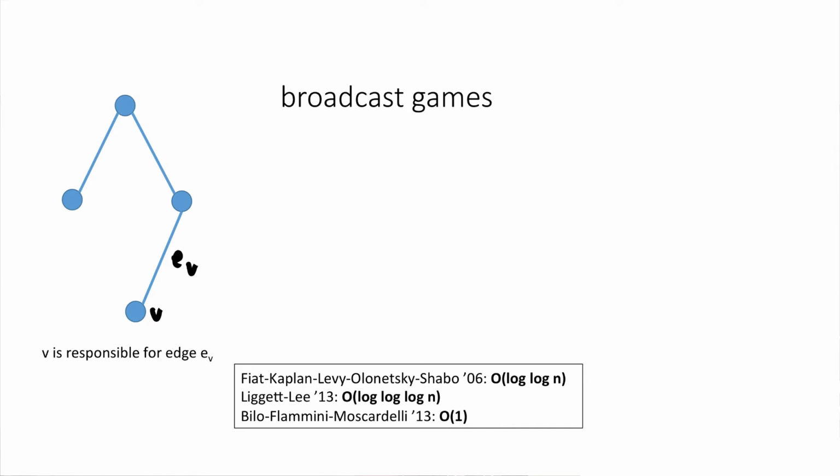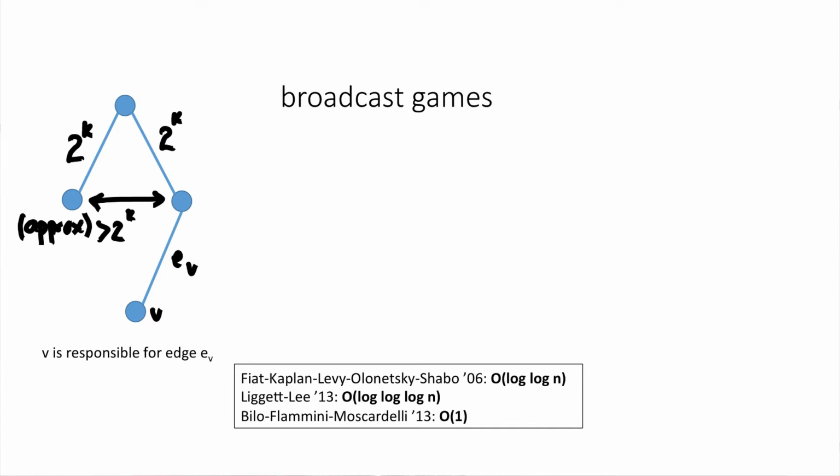If vertex v stays in the game, it will continue to use E sub v. And if vertex v starts using a different path, then E sub v leaves the game. So, I can assign the responsibility of this edge, the cost of this edge E sub v, to vertex v. And once I have done these assignments, every vertex now is responsible for an edge.